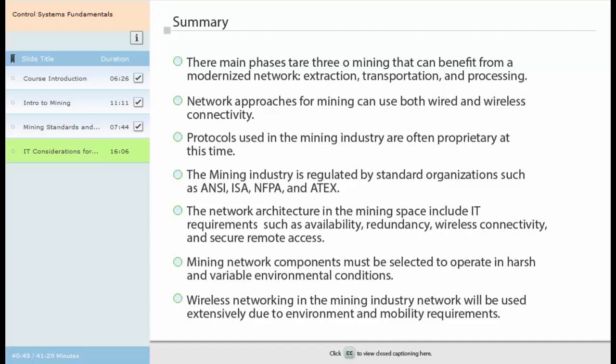The network architecture in the mining space includes IT requirements such as availability, redundancy, wireless connectivity, and secure remote access. Mining network components must be selected to operate in harsh and variable environmental conditions. Wireless networking in the mining industry network will be used extensively due to environment and mobility requirements.